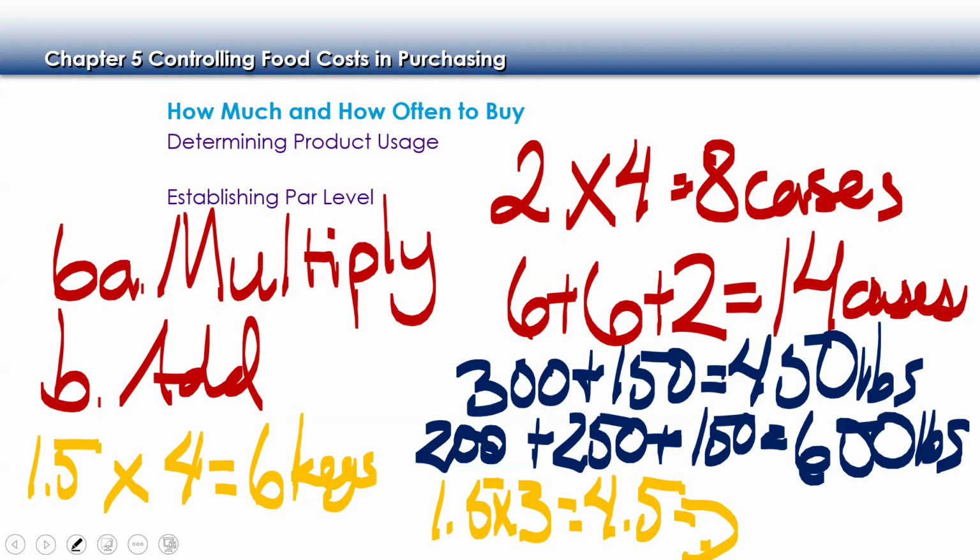So I'm going to round that up to 5 kegs. And it's okay if I order 5 kegs because we're going to talk about how we actually order product. How we actually order product in this process.